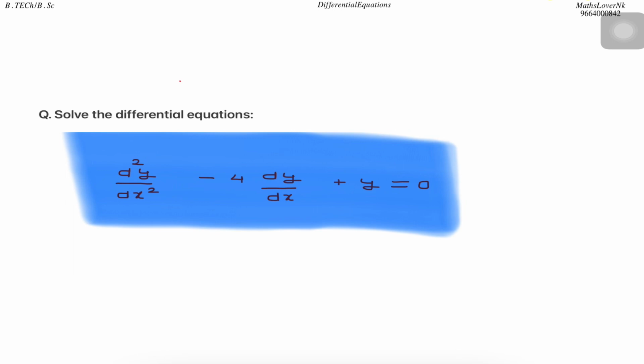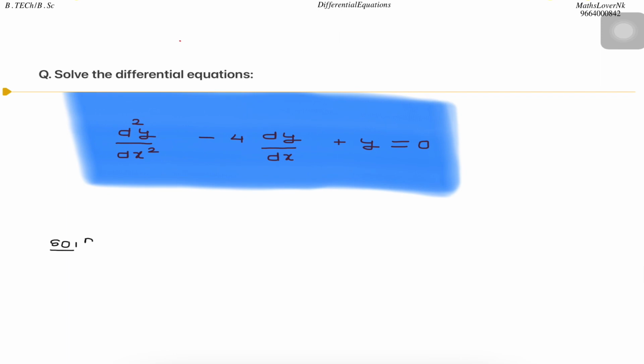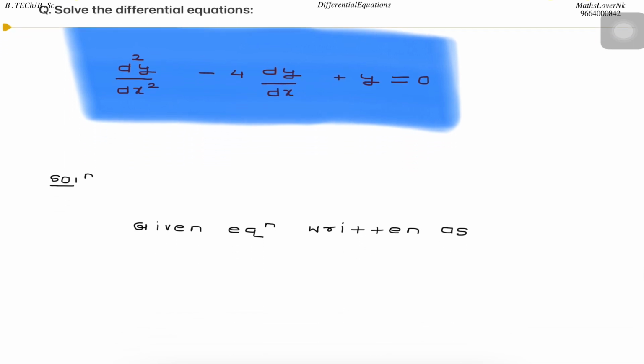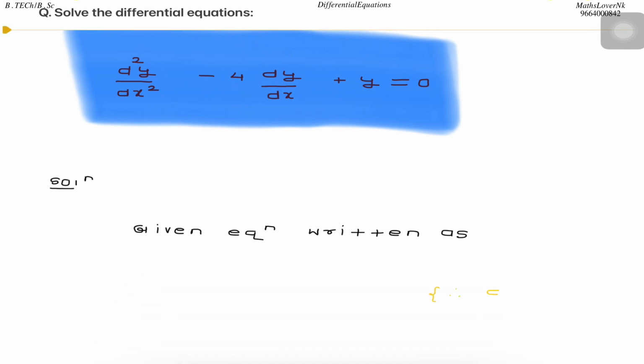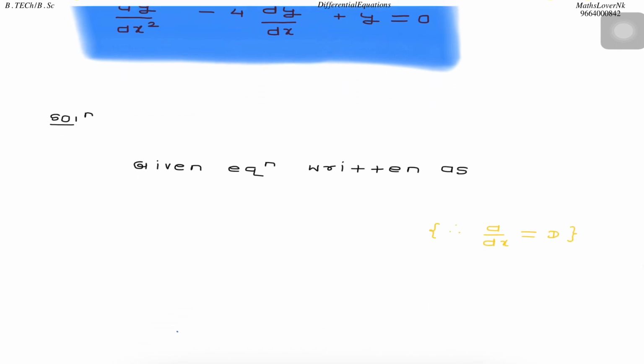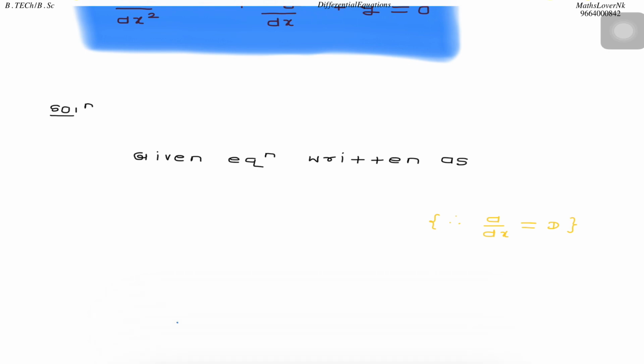Now solution. The given equation can be written as: put d by dx is equal to capital D. We get d square y by dx square as capital D square.